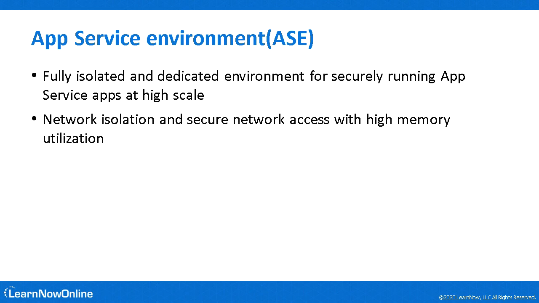You can also take care of your network isolation and securely access your network with high memory utilization. So in short, when you go to app service environment, obviously your requirement will be that you need more compute, more network security, and high memory utilization.